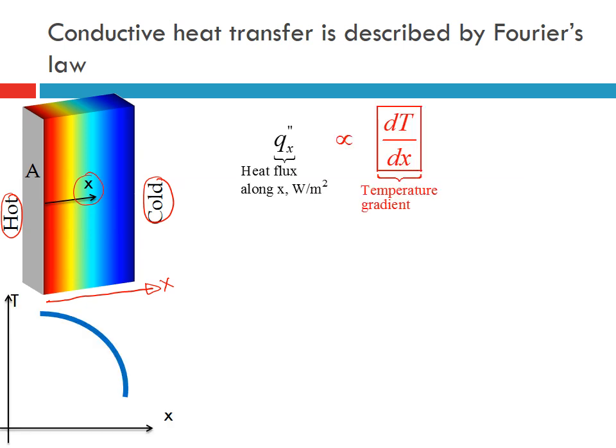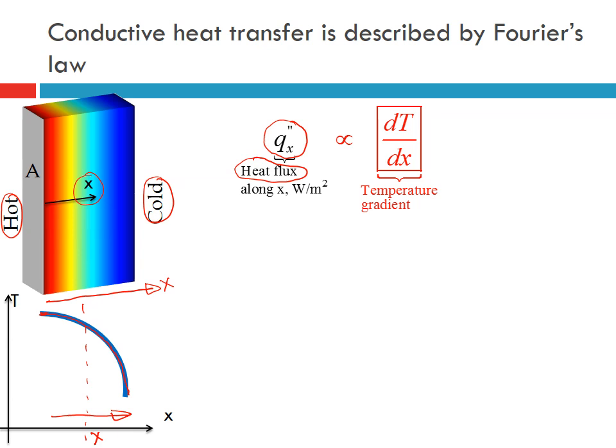So the temperature profile can look something like this, from hot to cold along the x-axis. Now the heat flux, and we have already defined flux. So heat flux in the x direction in watts per meter square at a position x is q double prime at x.